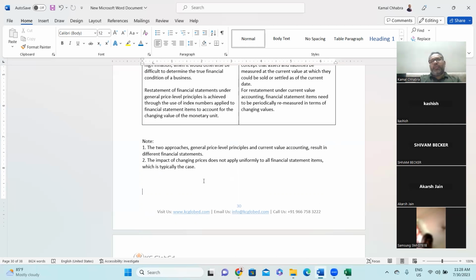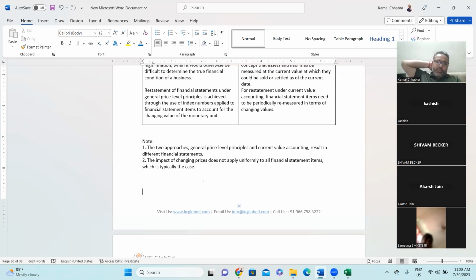And they both will give you different values, because the financial statement made under the general price level principle will be based on the purchase price index, whereas a financial statement made under current value accounting will use the replacement price. So the measurement unit we are using is different, and it will give a different financial statement result. It will not give the same financial statement.